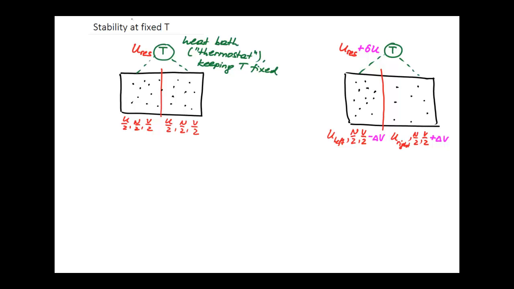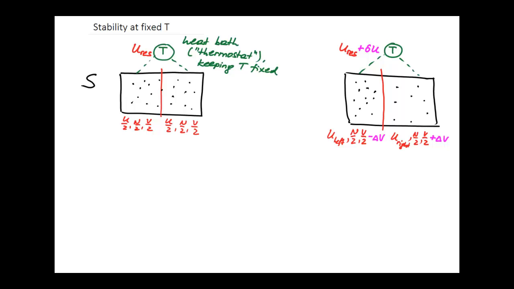Now we still require that the system settle in the homogeneous phase. So we require that the homogeneous state is stable also in the presence of a heat bath. So again, we must require that the entropy associated with the left scenario, where the system is in a homogeneous state, is strictly larger than the entropy of the scenario on the right, where it's inhomogeneous.